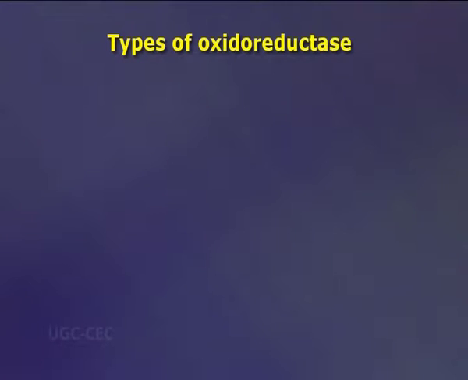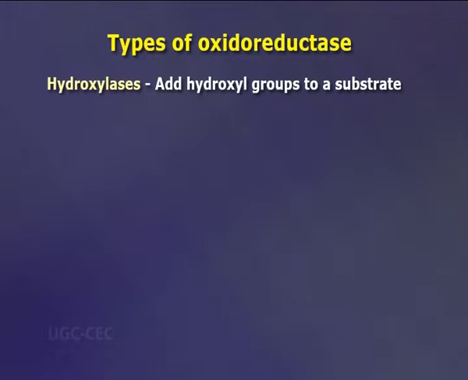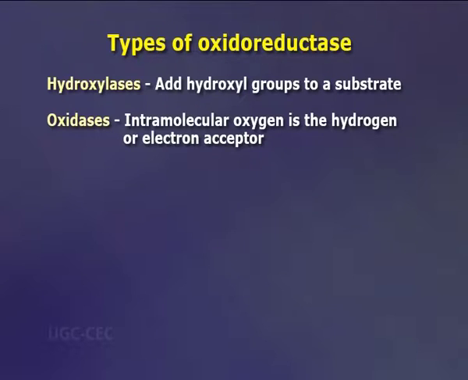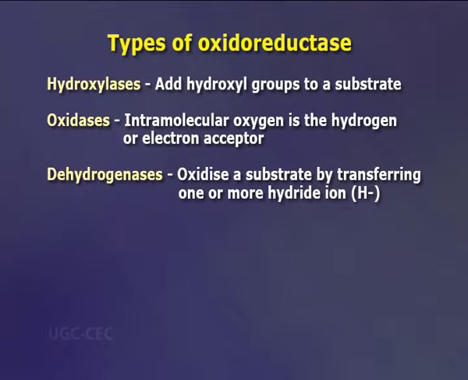Types of oxidoreductase. Hydroxylases add hydroxyl groups to a substrate. Oxidases: intramolecular oxygen is the hydrogen or electron acceptor. Dehydrogenases oxidize a substrate by transferring one or more hydride ions, that is H negative.